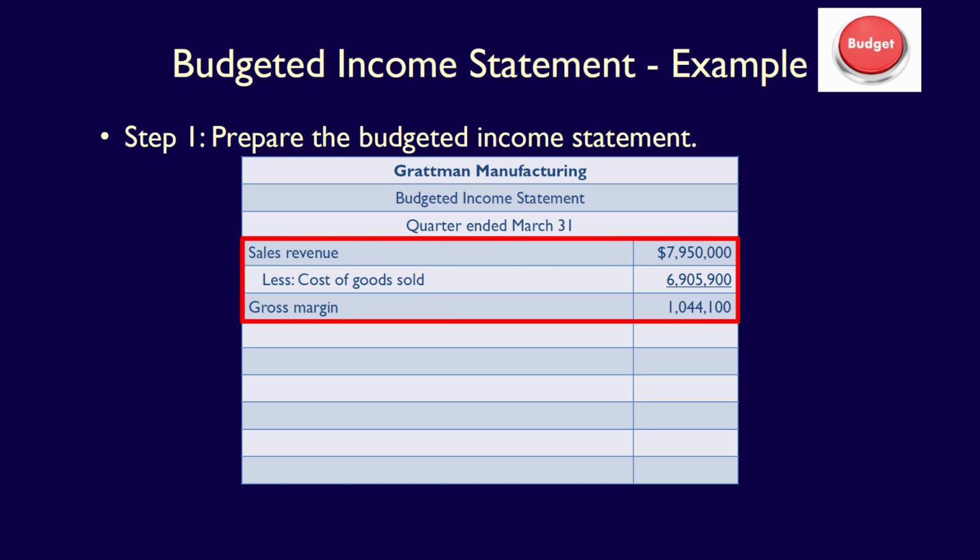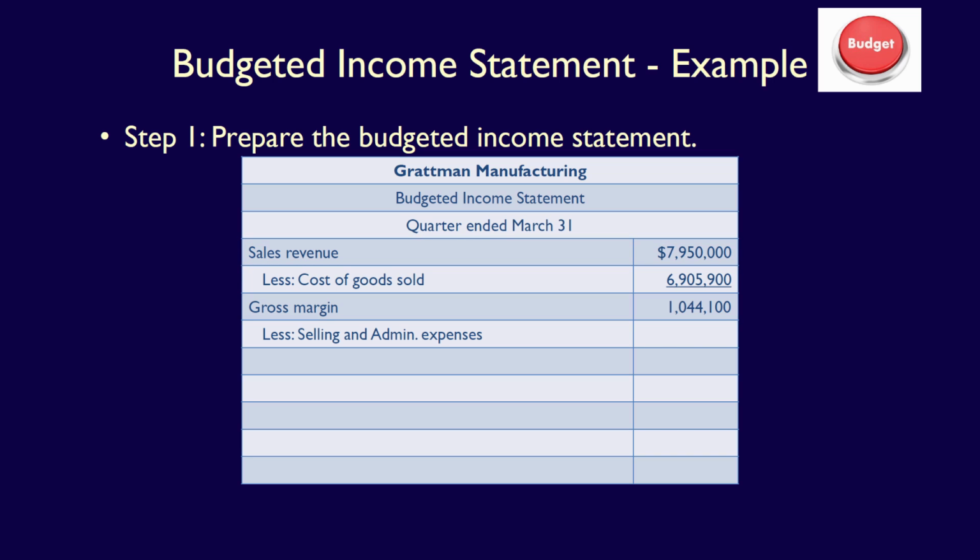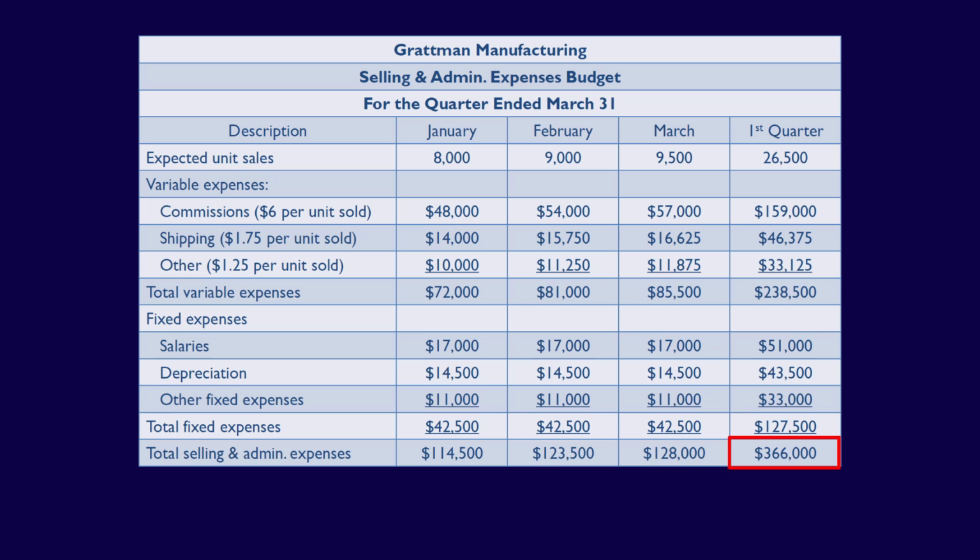Sales revenue less cost of goods sold is $7,950,000 minus $6,905,900, which is equal to a gross margin, remember, also called gross profit, of $1,044,100.